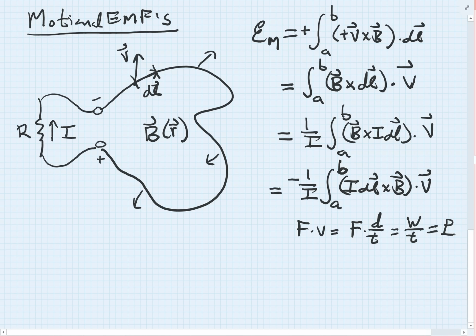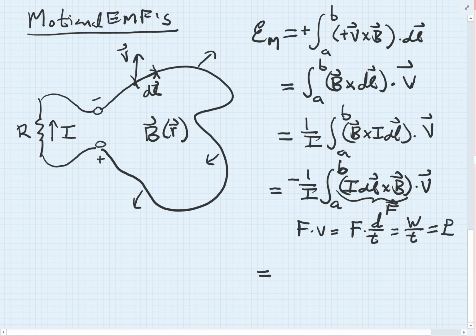So this is just the force from the field dotted with the velocity. This is some kind of power. The only mysterious part is the fact that I have this minus sign. But if we think about this carefully, this is the force that the wire is feeling due to the fields. We are the ones who are pushing the wire through that system, right? Minus that force is the force that we have to put on the wire in order for it to move. So let me pull in that minus sign and change this into the force due to us.